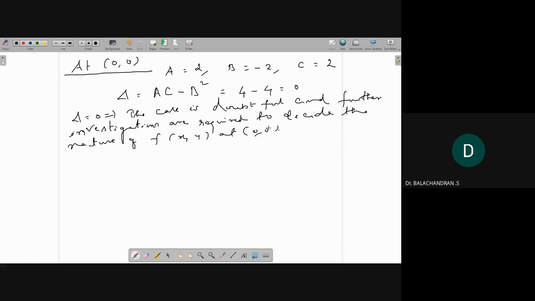Okay, so then I am going to use the previous definition to find the nature of the function f(x, y) at the origin.